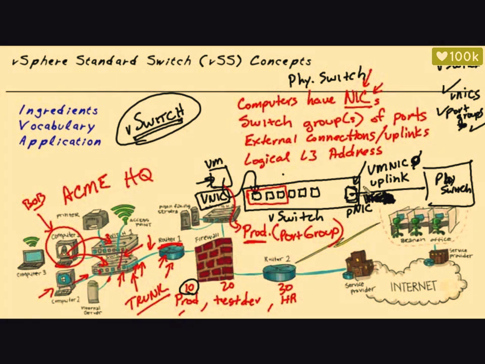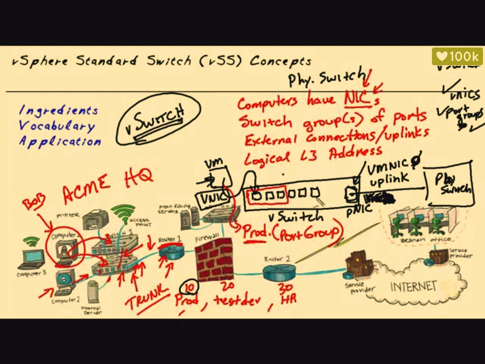And then last but not least, what about a logical layer 3 address? Now, an actual virtual switch that's living logically inside of an ESXi host, that virtual switch itself doesn't need an IP address. However, the ESXi host might want to communicate with other devices. For example, our ESXi hosts all need to communicate with the vCenter server appliance.